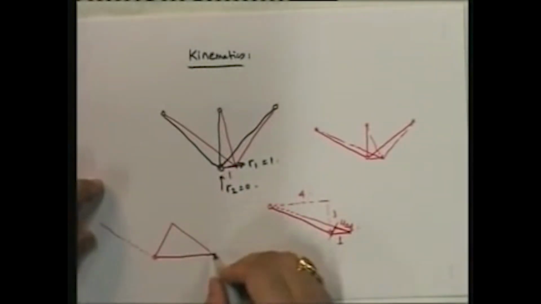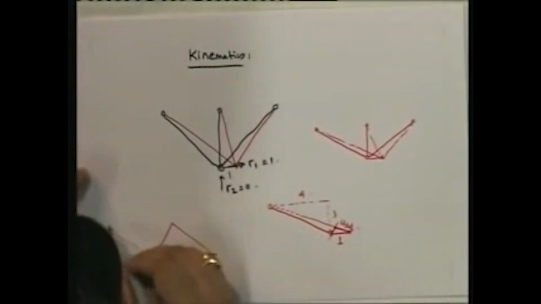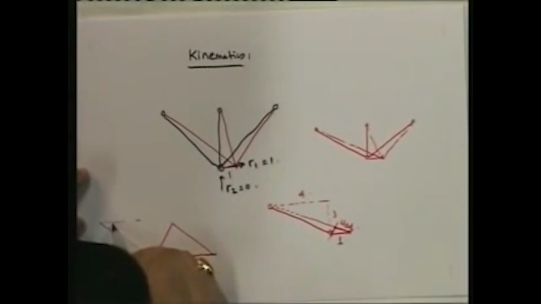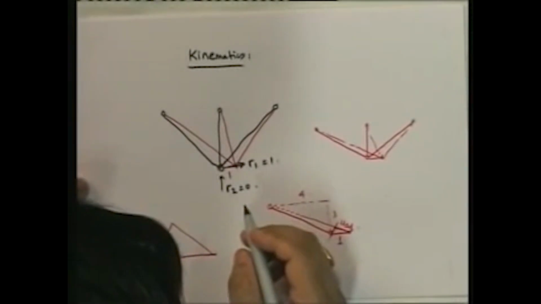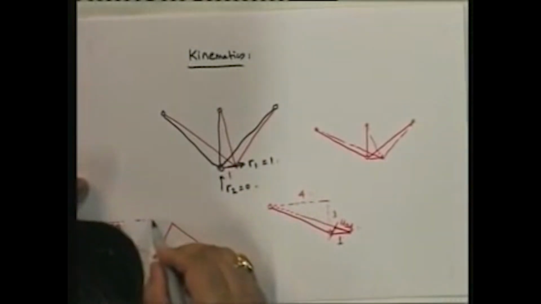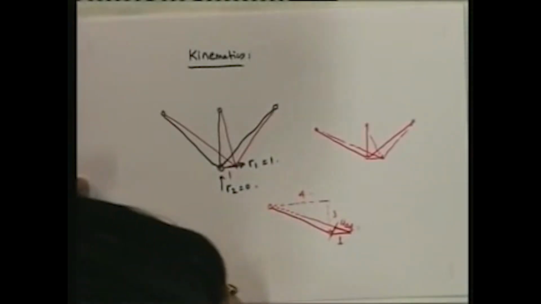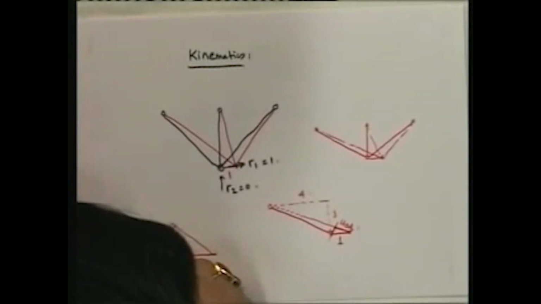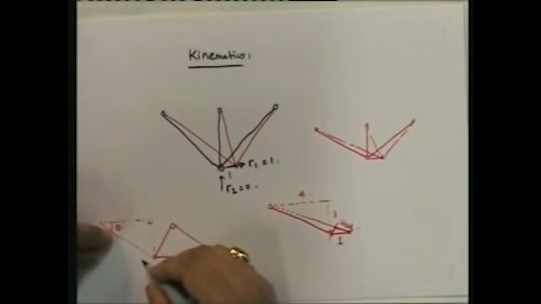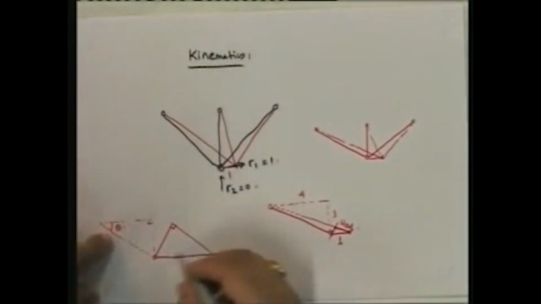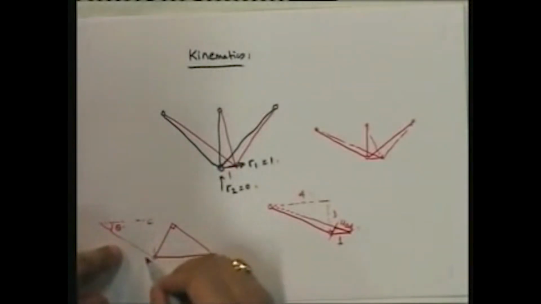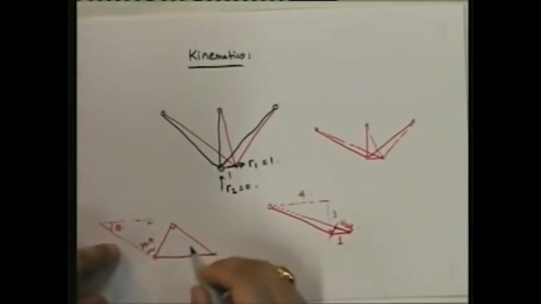Okay, so if you look at this, I say this makes an angle theta, where this is 90 degrees. Since this is 90 degrees and this is theta, this angle is 90 minus theta.